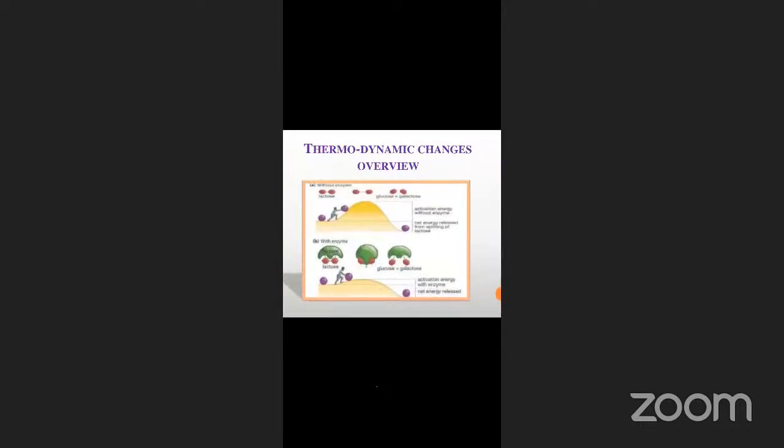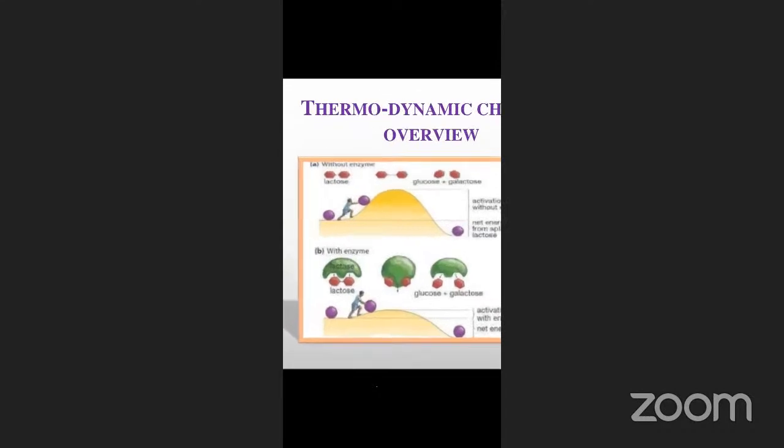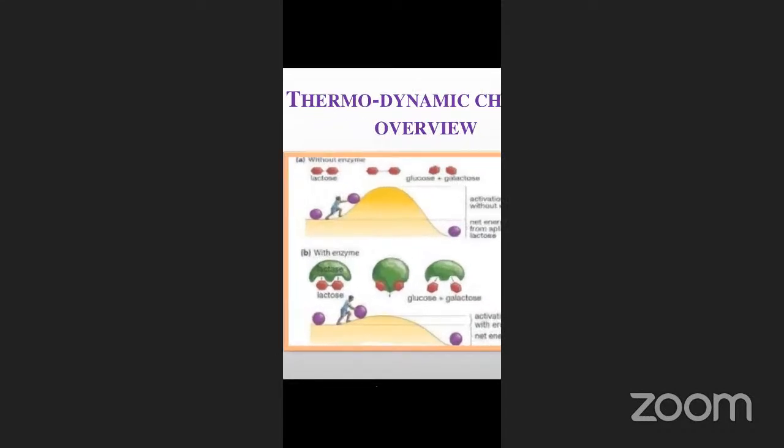For your understanding, in a very simple way, here you can see without enzyme and with enzyme. For example, lactose has to convert into glucose and galactose. Here the lactase enzyme, suppose this man who is performing the action, he is lactase. Now he has to convert the lactose into glucose and galactose, and the peak of the mountain is very high.